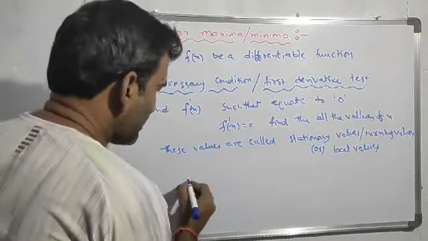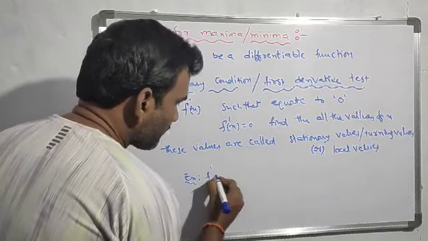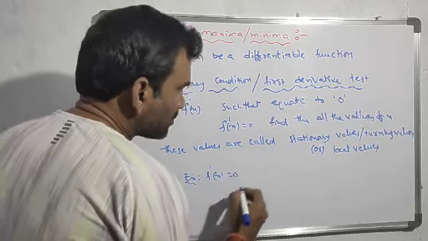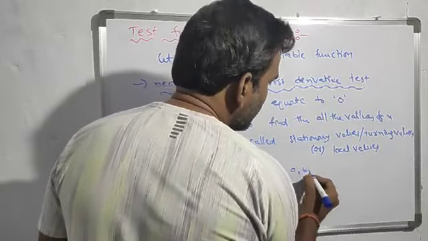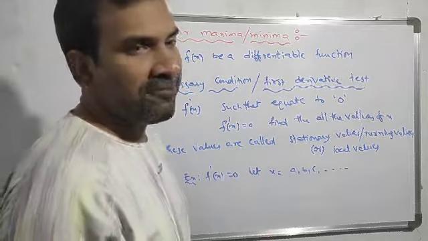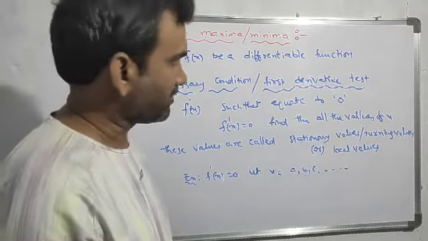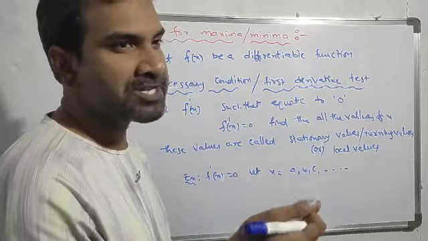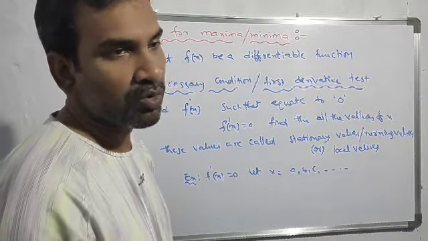For example, if f dash of x equal to 0, let x equal to, for example, a comma b comma c comma etc. For example, if I take a cubic equation and differentiate it, we get a quadratic expression.